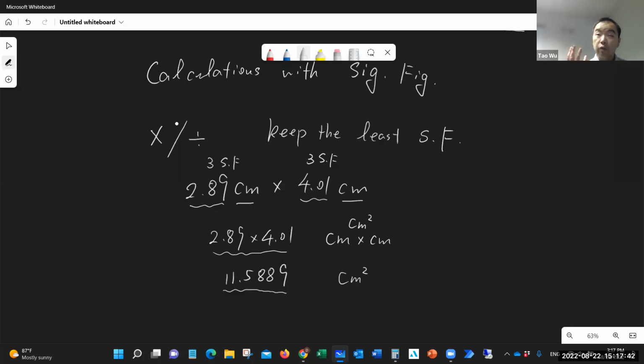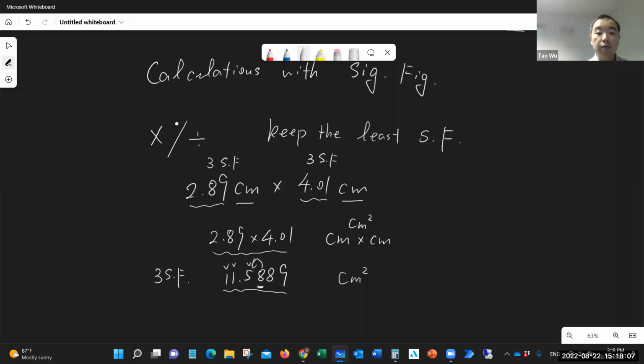So now you need to cut the number. Again, we need to keep 3 sig figs for this number. You count from left to right: 1, 2, 3, and look at the next one. The next one is 9, so you round it up, and then you can get rid of the rest because you have a decimal showing over here.